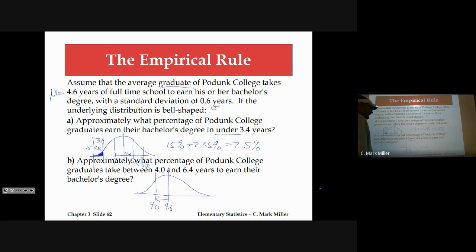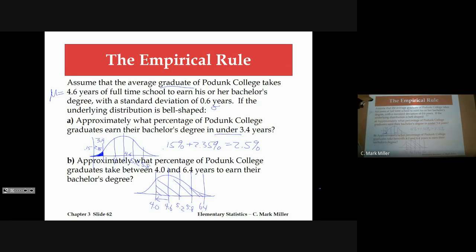Well, if I go up 1, that's 5.2. Another one is 5.8. Another one is 6.4. So I want to know what percent is in this area right here, not including this tail out here on the right and not including the tail on the left.